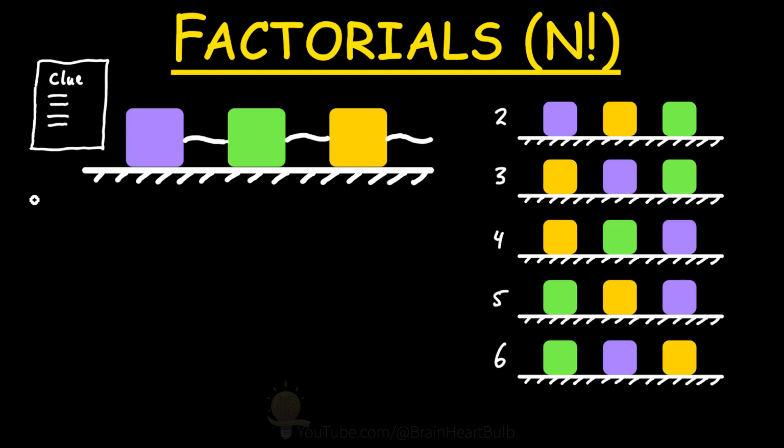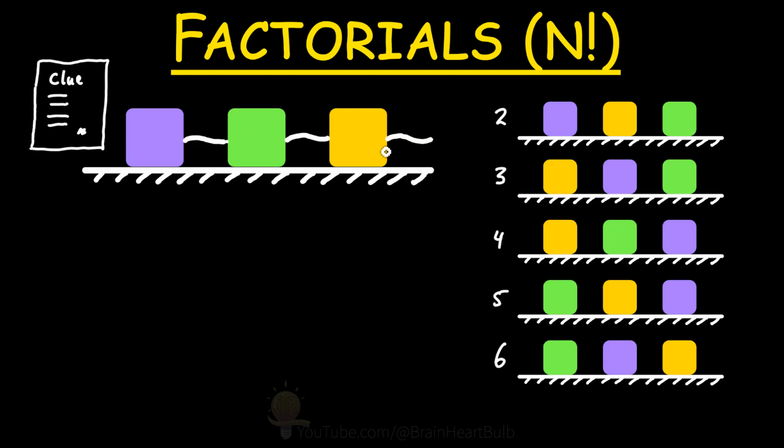Now, why bother wasting time trying to solve this clue here when we can possibly try all these combinations in, say, a minute or a minute and a half? We would need more colored boxes to increase the number of possible arrangements here. And there's a specific rule that we can use to see how many different combinations there are for n number of unique items.